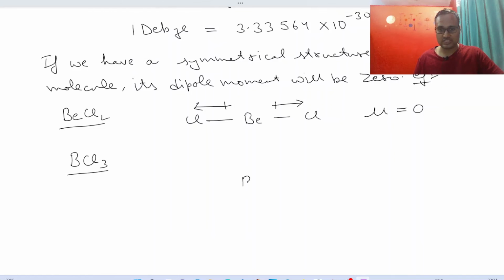Boron is the central atom to which the 3 chlorine atoms are attached, and the angle between them is 120 degrees. But as the molecule has a symmetrical structure, the dipole moments of the B-Cl bonds cancel out the effect of each other, and the resultant dipole moment again comes out to be 0.